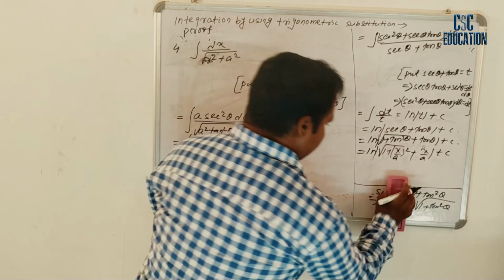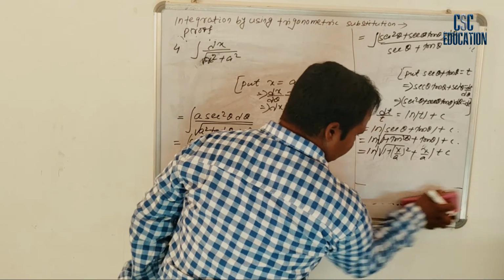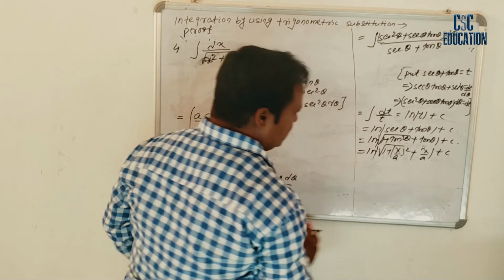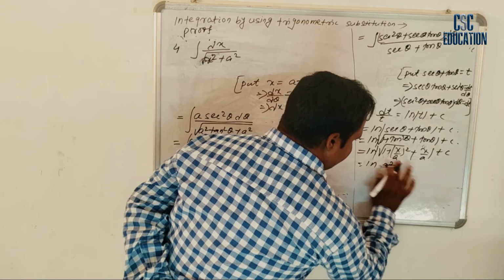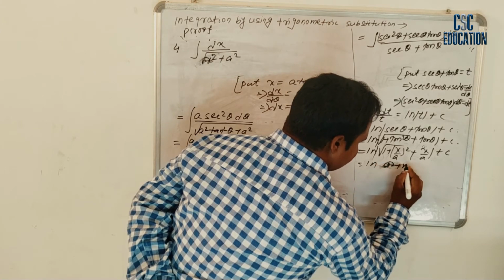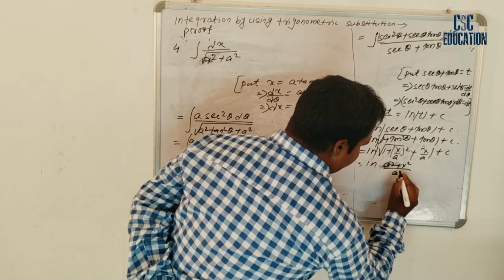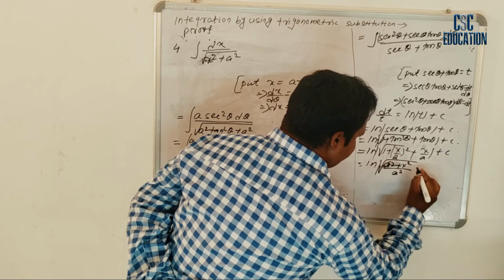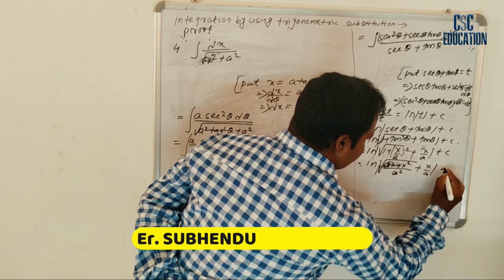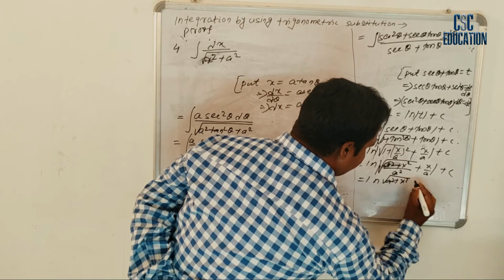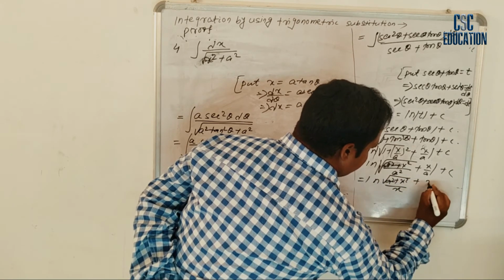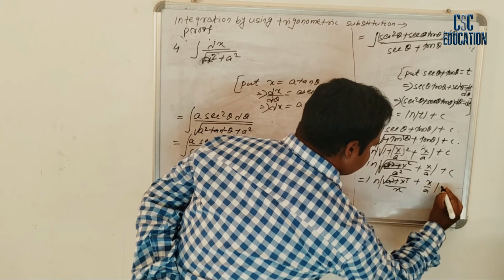Now this value equals ln of the square root of x square plus a square divided by a square, plus x by a, plus c. That is ln of the square root of a square plus x square, divided by a, plus x by a, plus c.